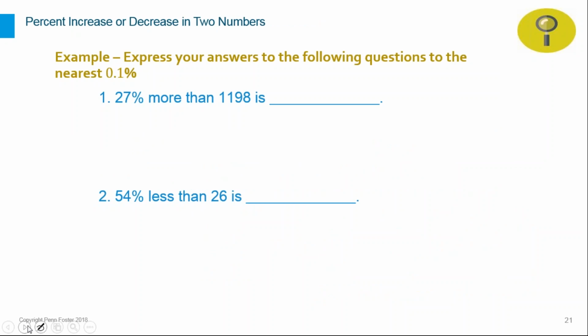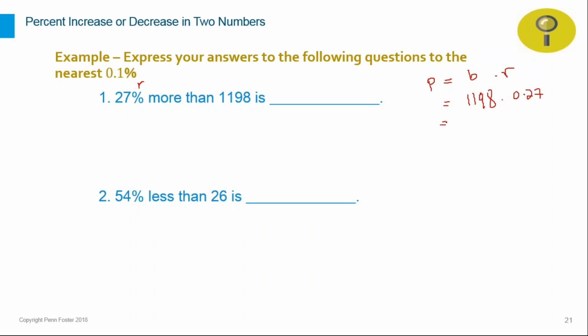Express your answers to the following questions. 27% more than 1,198. Okay, we know that 27% is the R, but this is not the percent. This is the percent increase to an initial value. The initial value is 1,198. How do I find the end value? The same as we did with the population question. P, the percentage increase, equals B times R. The base is 1,198, the initial value, times the R. The rate is not 27, it's 0.27.